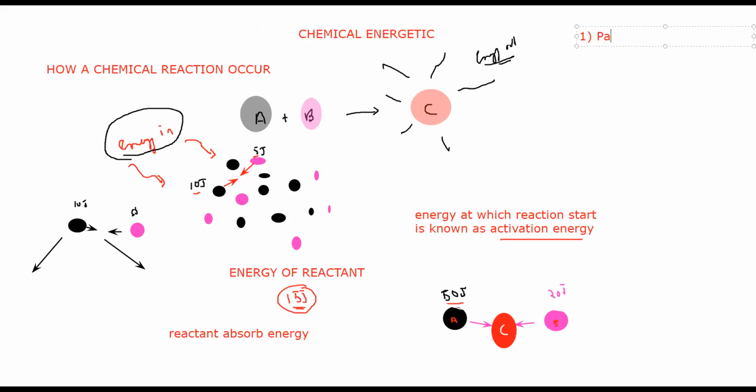First, the particles of the reactant gain energy to reach activation energy. A particle of reactant absorbs energy, you can write absorb as well, to reach activation energy. That's the first thing which happens.